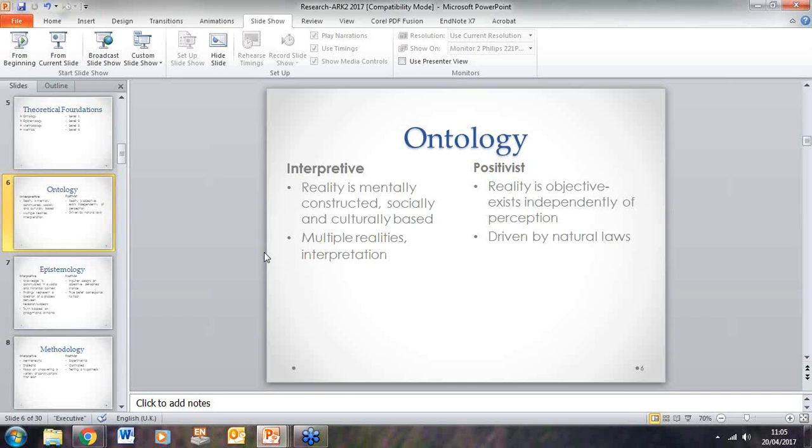I am sure I would be perfectly competent in undertaking a piece of quantitative research where I was undertaking an experiment. But it doesn't really sit particularly well with my view of the world. So I'm not sure I would undertake it with the same level of integrity.